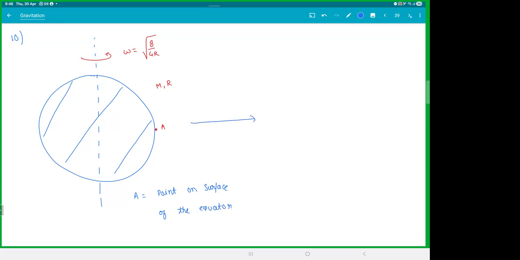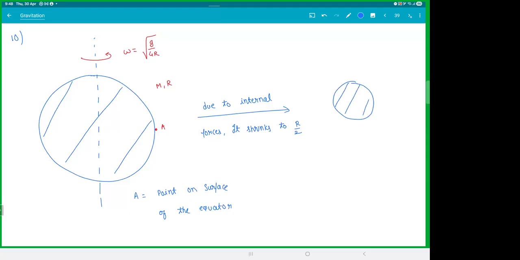Then, due to internal forces, this planet shrunk. It shrinks to half the radius, r by 2.